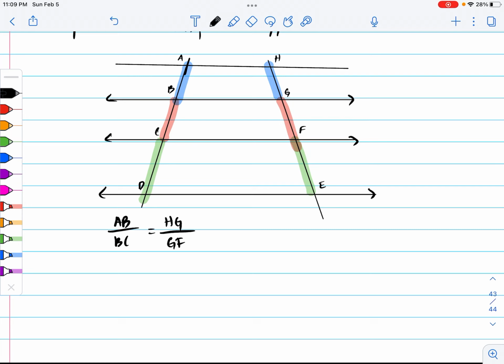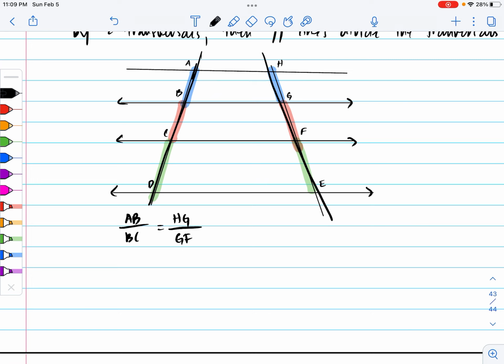Okay? What it's just saying is that when you have these parallel lines, these transversals become proportional to each other and to the corresponding parts that you want them to. Okay? So, I'm going to put a big or here.